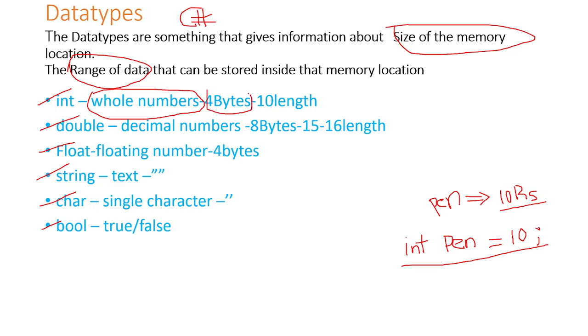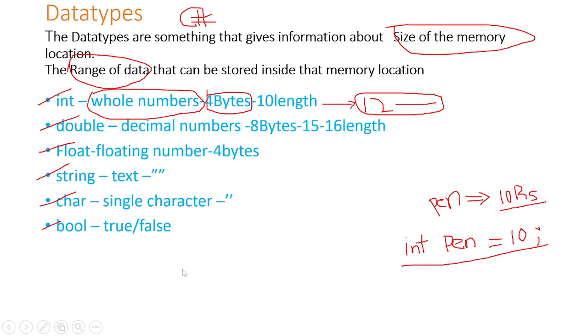This has 4 bytes and a length of 10. Length 10 means 10 digits of a number, 1, 2, like that till 10. We can store the integer only up to that. After that we can't store the integer value. It will throw some error.